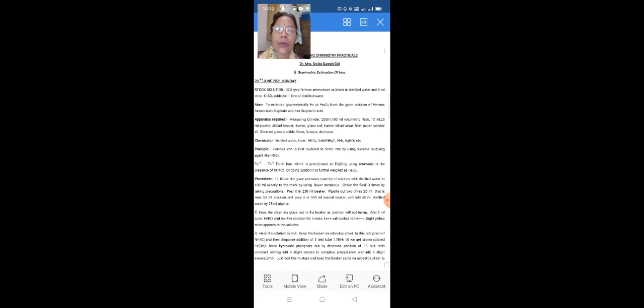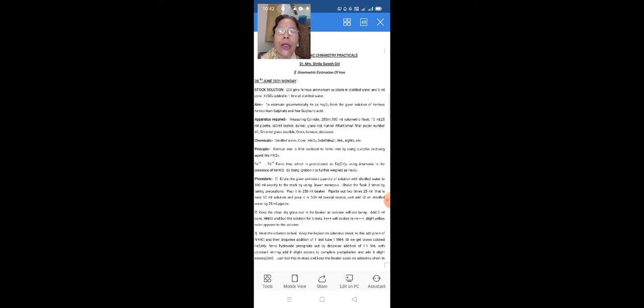Then a sintered glass crucible. The sintered glass crucible is required to weigh and ignite the product. Then for drying, we will require the oven. For the ignition, a furnace and a desiccator, to keep the product moisture free and in a dry condition.